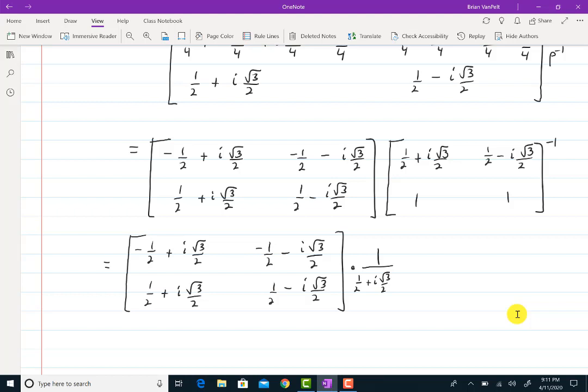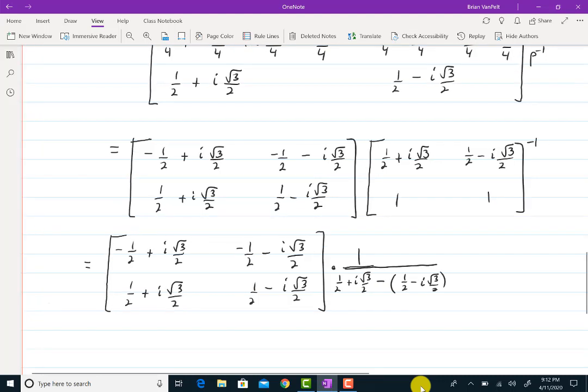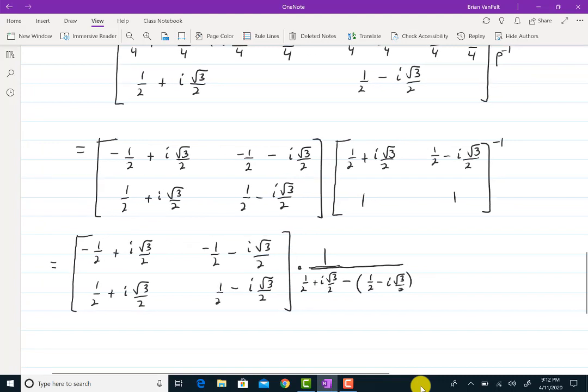Remember, you divide by the determinant when you're doing the inverse. And then this way, I'm going to have minus 1 times that, so I have minus 1/2 minus i radical 3 over 2. Let me make this a little bigger so it can contain all of that. Will I have enough room? Good question. I'll move the page over so I do.